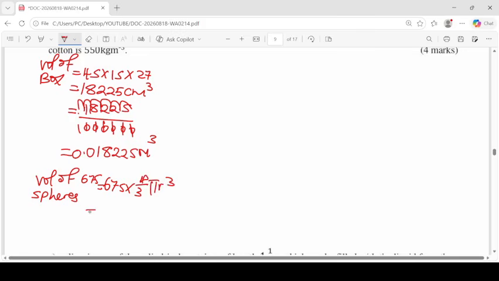So this will be 675 times 4/3 times pi, which is 22/7, times the radius, which is 1.5 cubed. When you execute this, you're going to get 675 times 4/3 times 22/7 times 1.5 cubed.